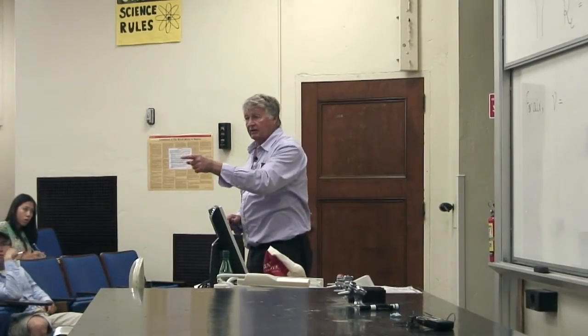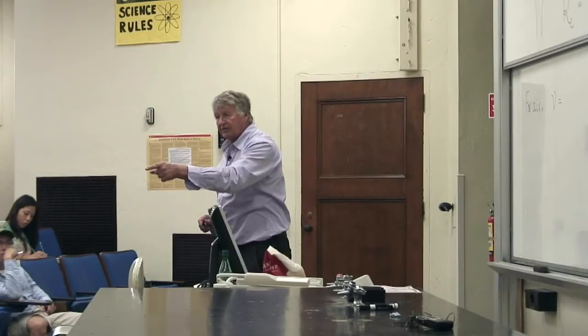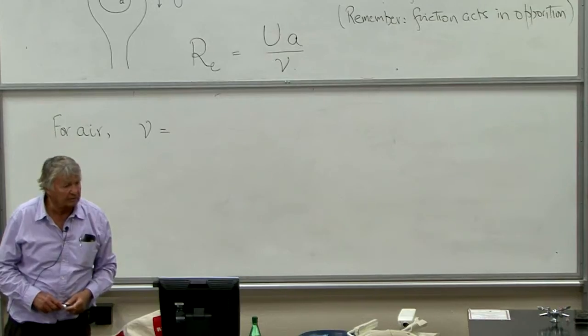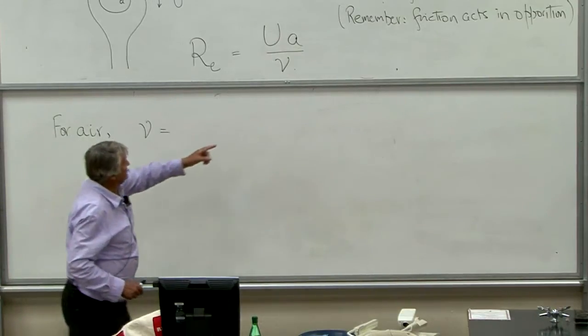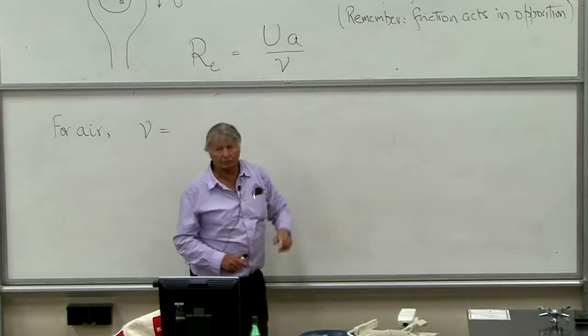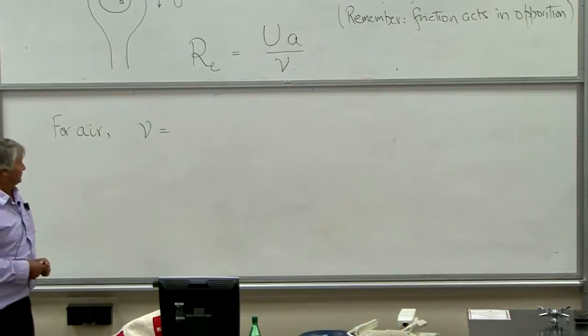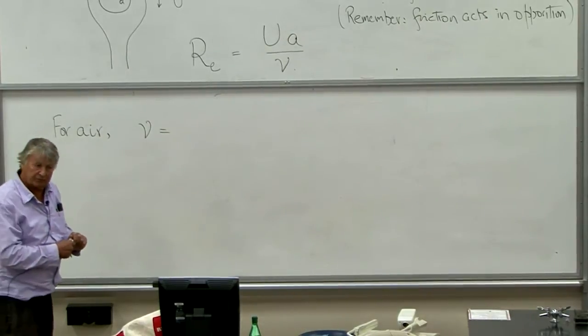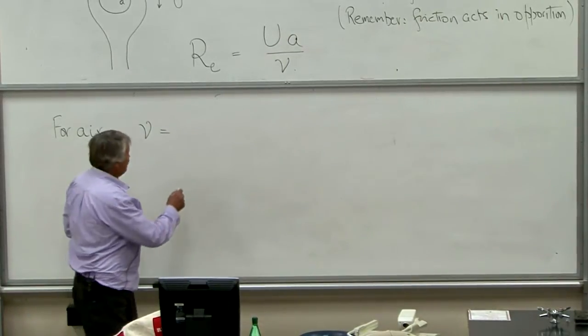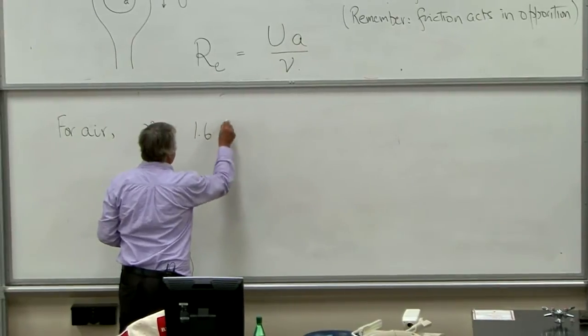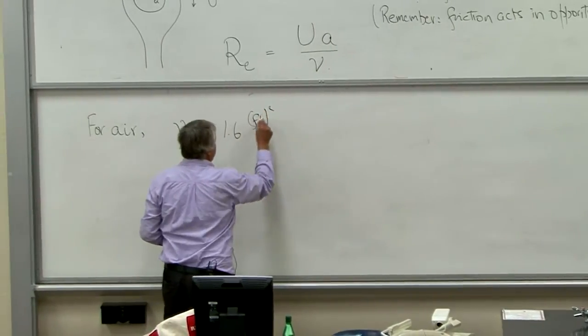Meters squared per second, absolutely. This is meters per second times meter, so it's meters squared per second. Just to be perverse, I'm going to give you a foot squared per second. So this is about 1.6 foot squared per second.